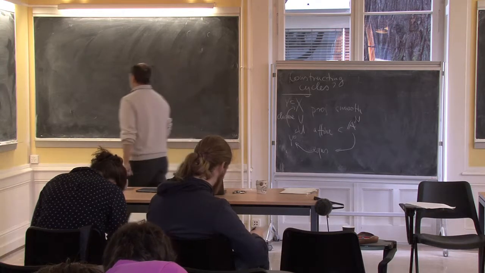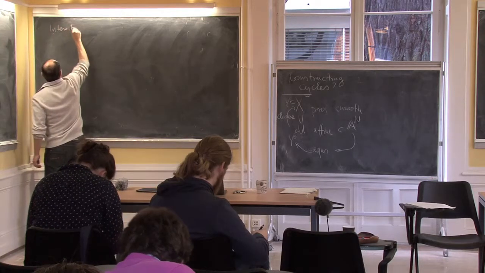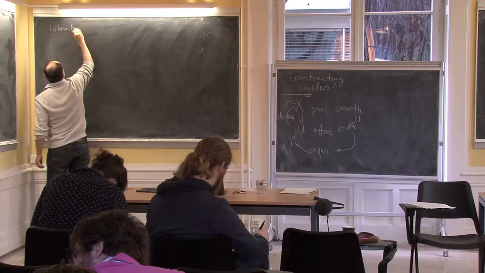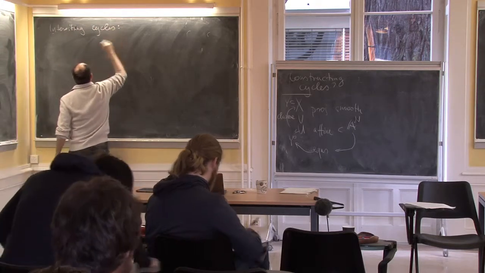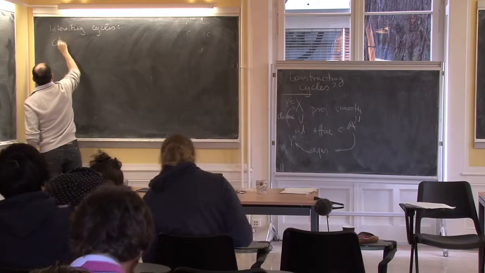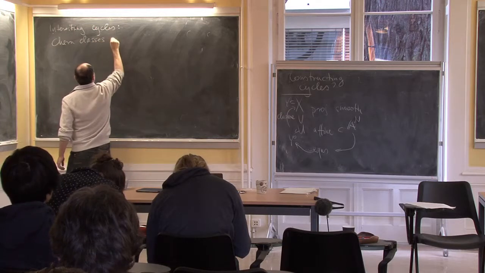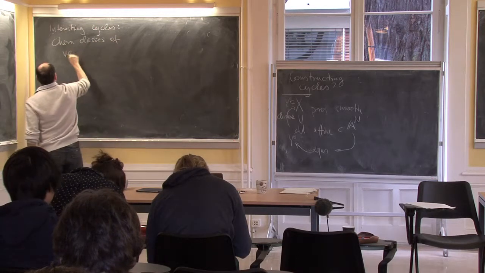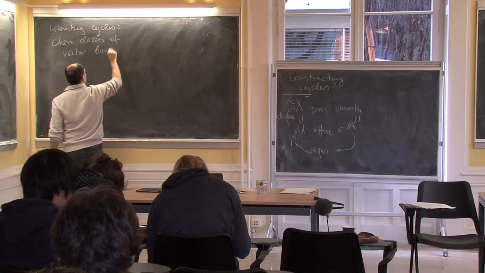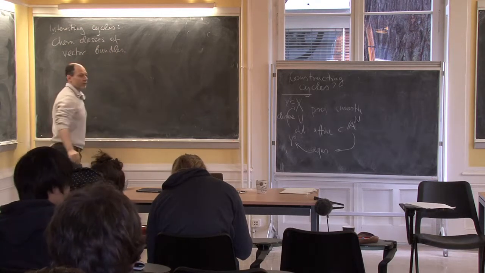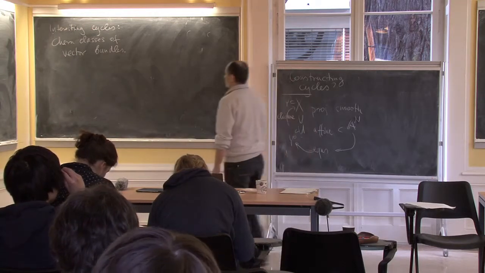Interesting cycles. These are the Chern classes of vector bundles. So what we discussed last time, we have two things we need for this. The two objects were introduced.